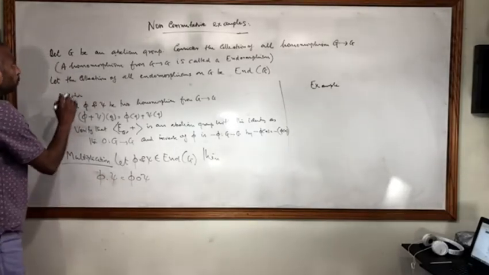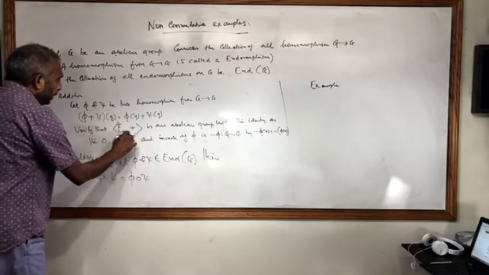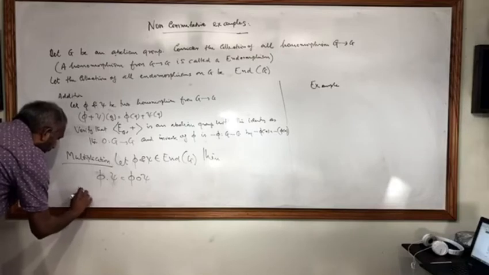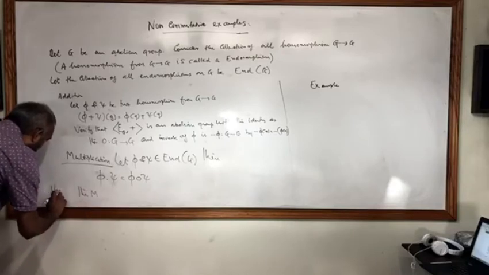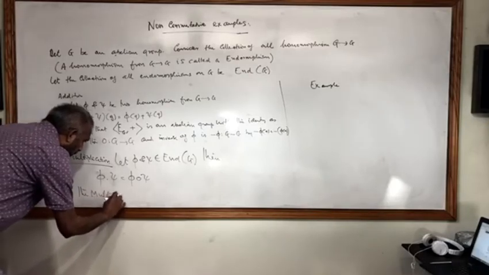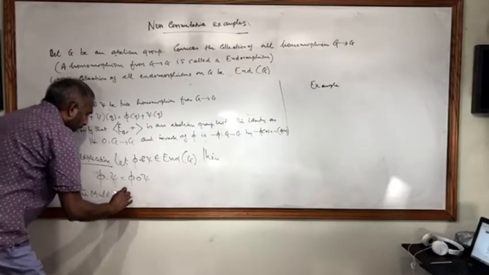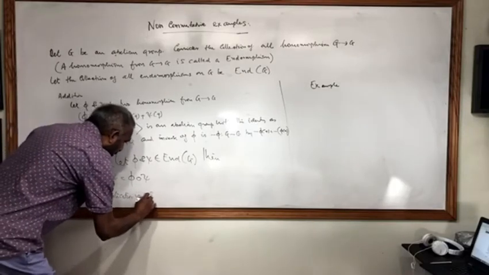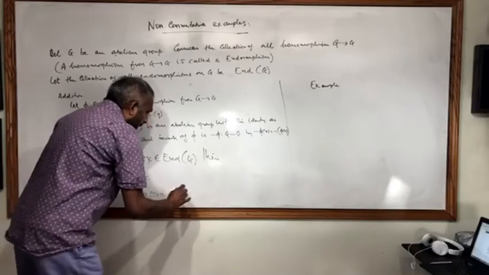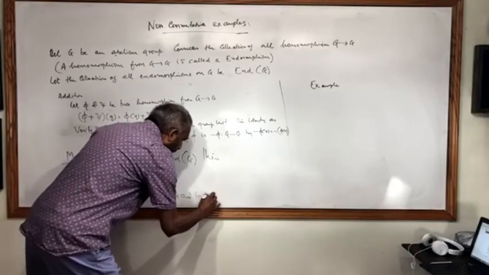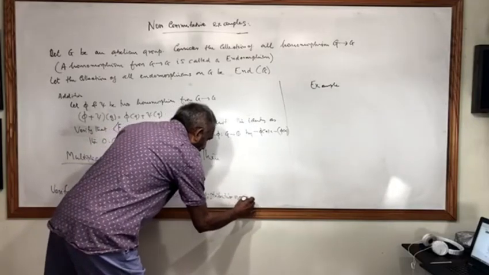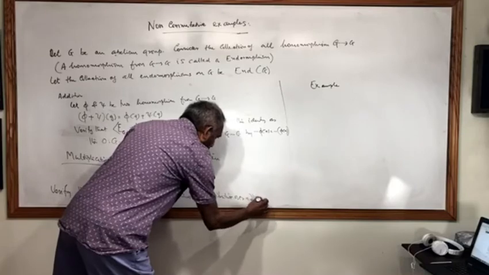So we need to prove that this is a ring. We need to verify that the multiplication is associative and distributive over addition, which is a simple process.